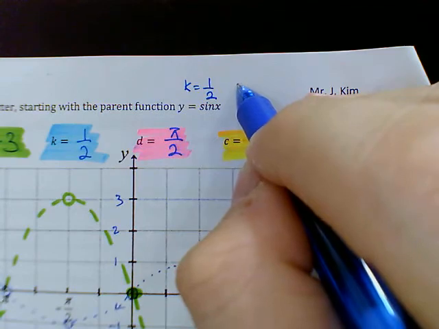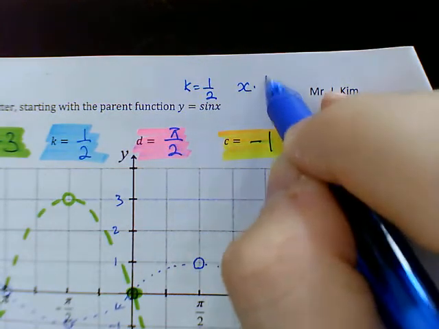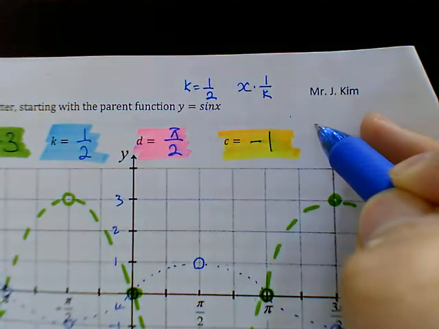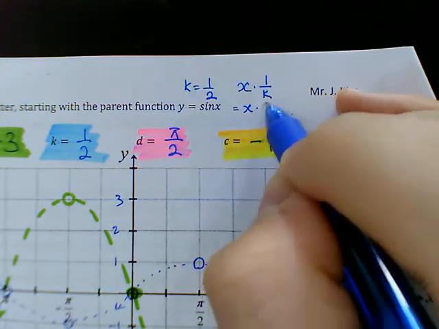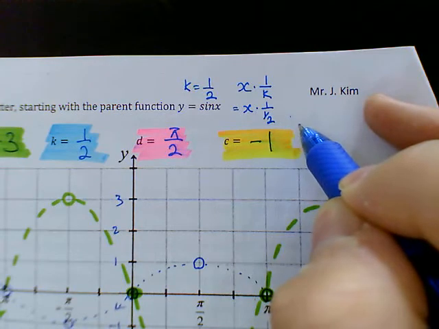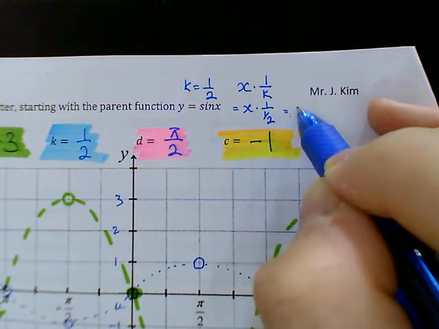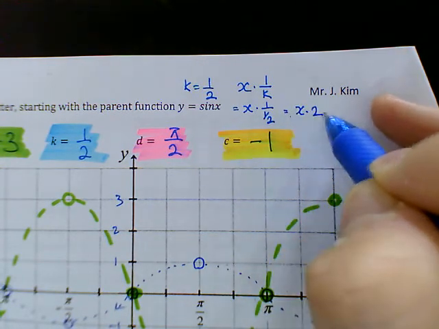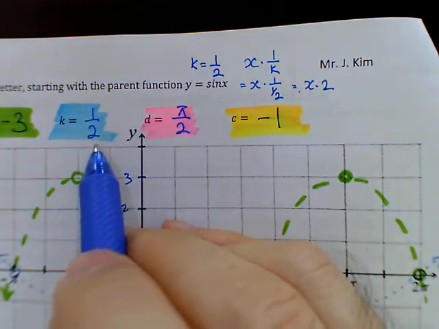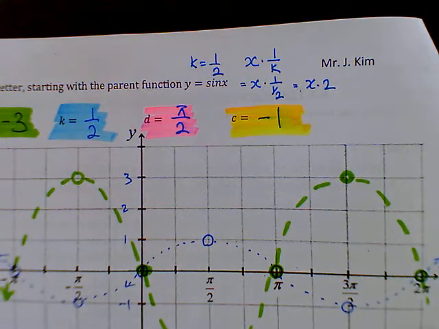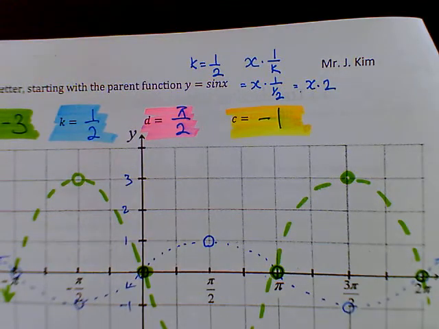All my x values are going to be multiplied by 1 over k. In other words, this is going to be x times 1 over 1 over 2, which is the same as x times 2. Long story short, this is not a horizontal compression. I'm actually horizontally stretching it by a factor of 2. I'm multiplying everything by 2. That's what this means.